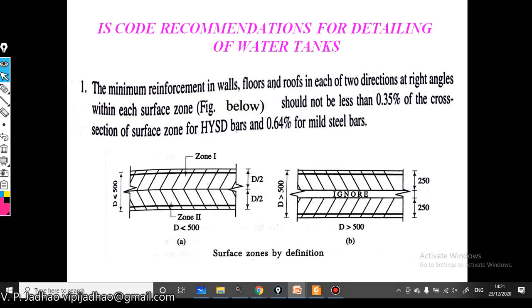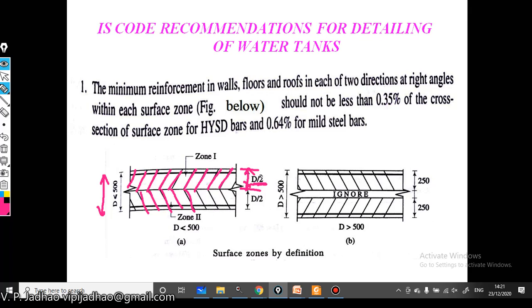you can see in this figure, if the thickness or depth of your water tank wall or base wall is less than 500 mm, then the surface zone is zone 1 and the bottom area is zone 2. So the depth we take for zone 1 will be only d by 2.